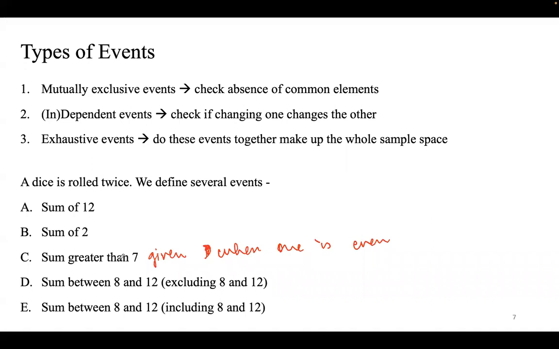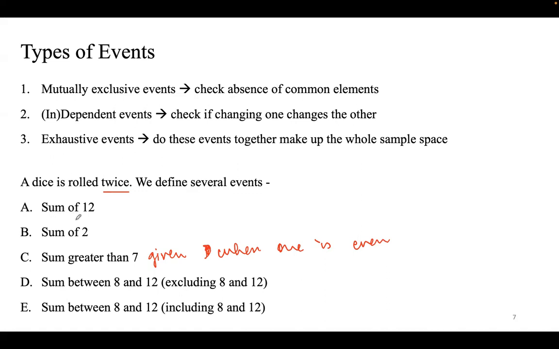So can you tell me, is there any example here which makes up exhaustive events? Because you know the total sample size, you have 36 options, right? So do you think all of these or some of these together make the exhaustive group? Exhaustive means they make up the whole sample space.